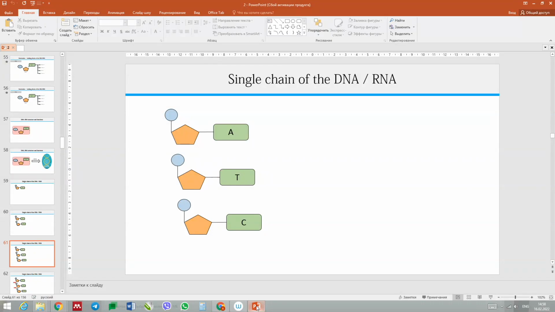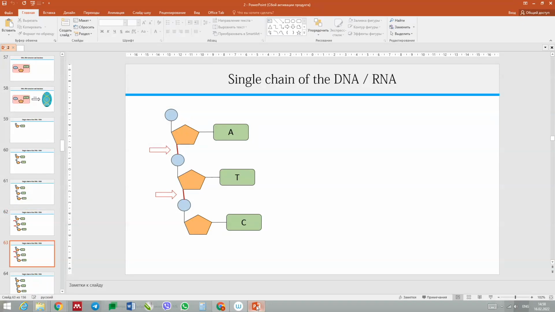cytosine nitrogenous base. And now, in order to construct a double helix, first we need to construct one chain of it. Look at these locations. There are connections between the sugar of one nucleotide and the phosphate group of another nucleotide.